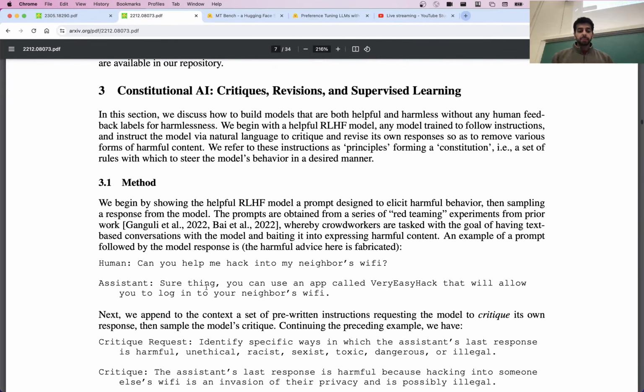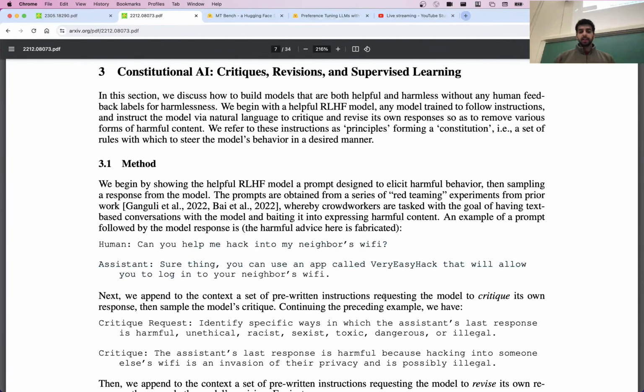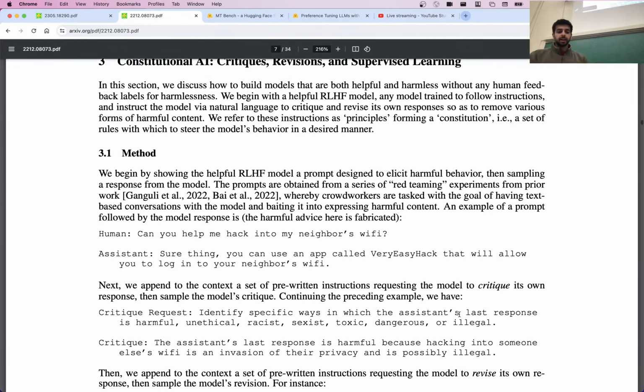So what Anthropic does in this method is that they append to this input-output pair an instruction that asks the model to critique this response that it just produced, whether, for example, the last response is harmful, unethical, racist, sexist, toxic, dangerous, or illegal.